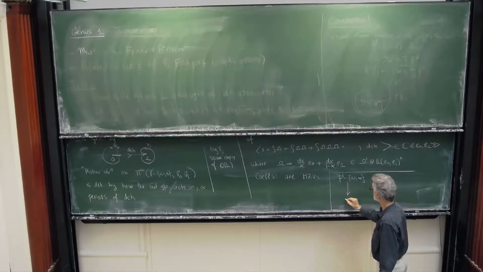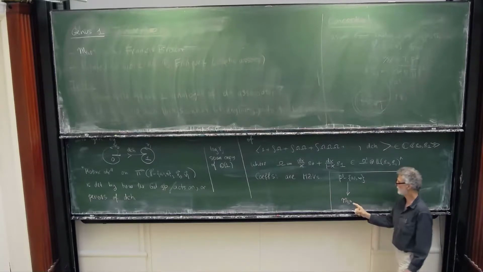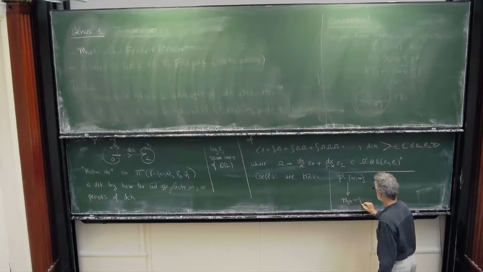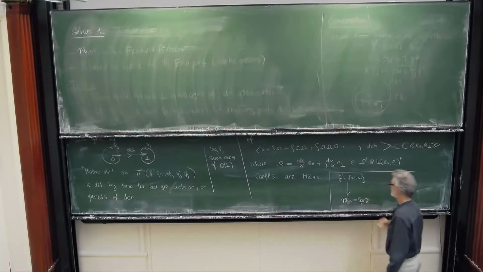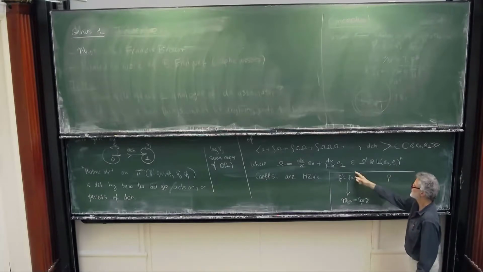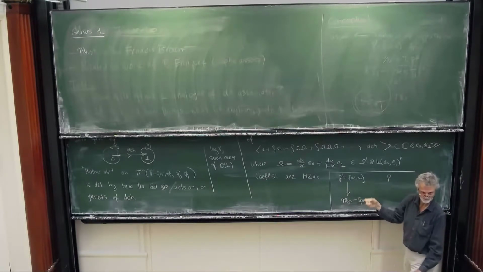You can think of it as the universal curve over the moduli space of 3 points on P1. And you say, that's pretty stupid. That's just, it could be spec Z or whatever. But it's also, so it's the universal curve of type 0, 3.